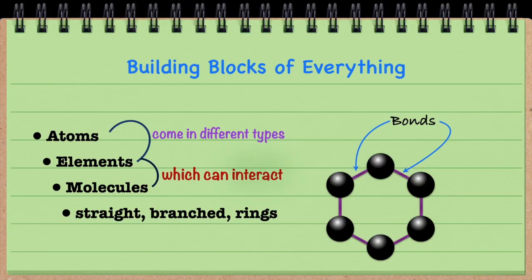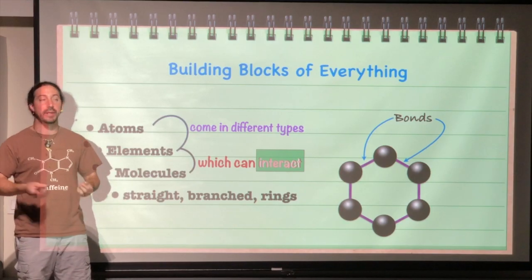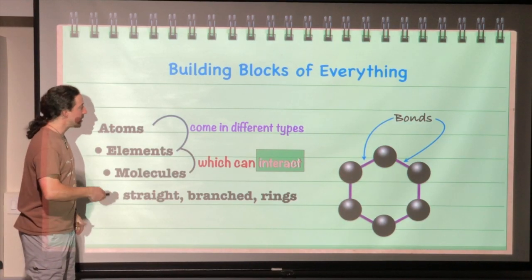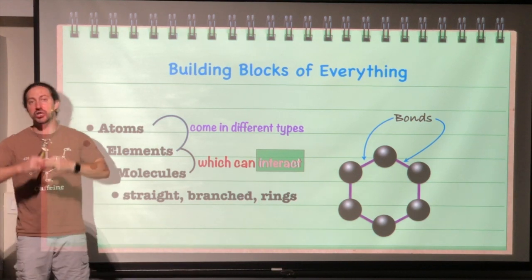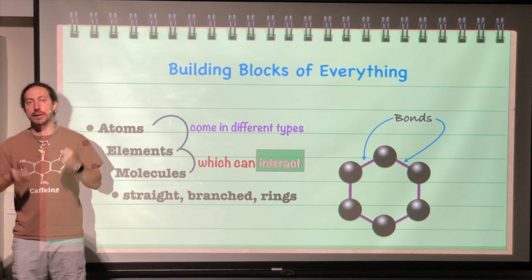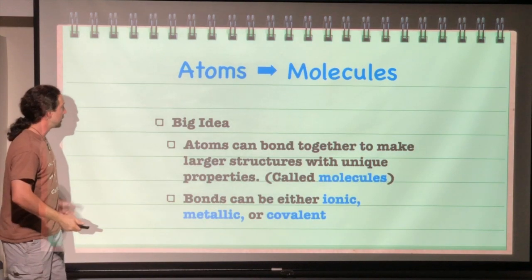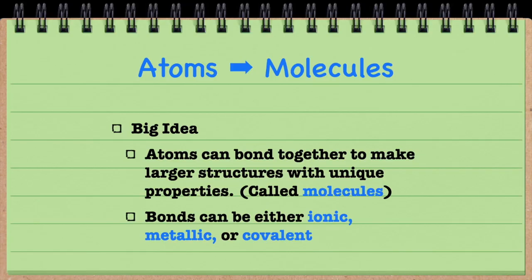And looking at this, the interactions between these different atoms are going to be called bonds. So these interactions are bonds. That is a strong interaction between the different atoms. So the big idea here is that atoms can bond together to make unique, larger structures with their own unique properties.